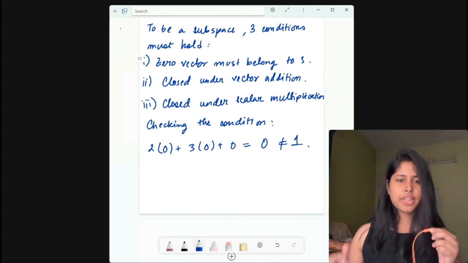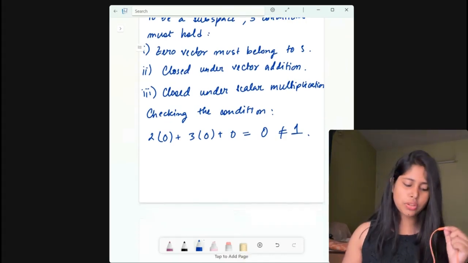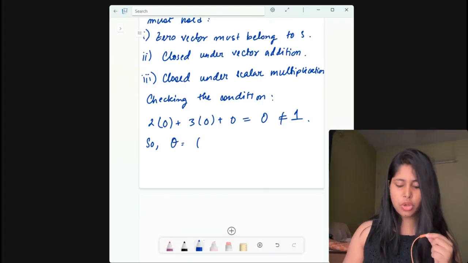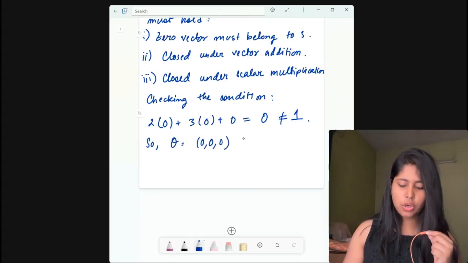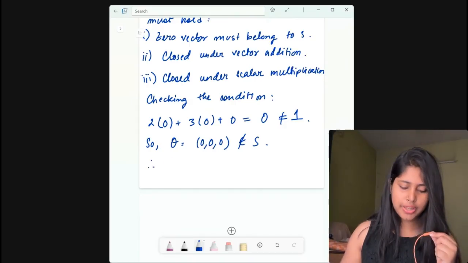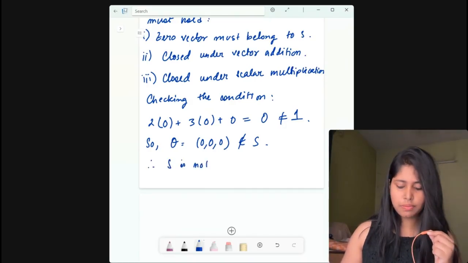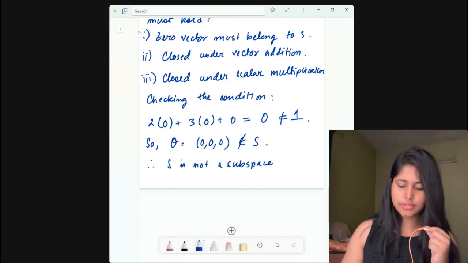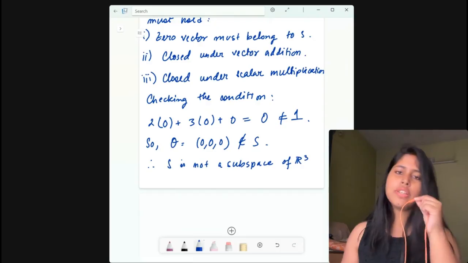You just show it in a proper step here. Then you will write that theta, which is 0 comma 0 comma 0, will not belong to S, and hence, therefore, S is not a subspace of R3. So is this very clear?